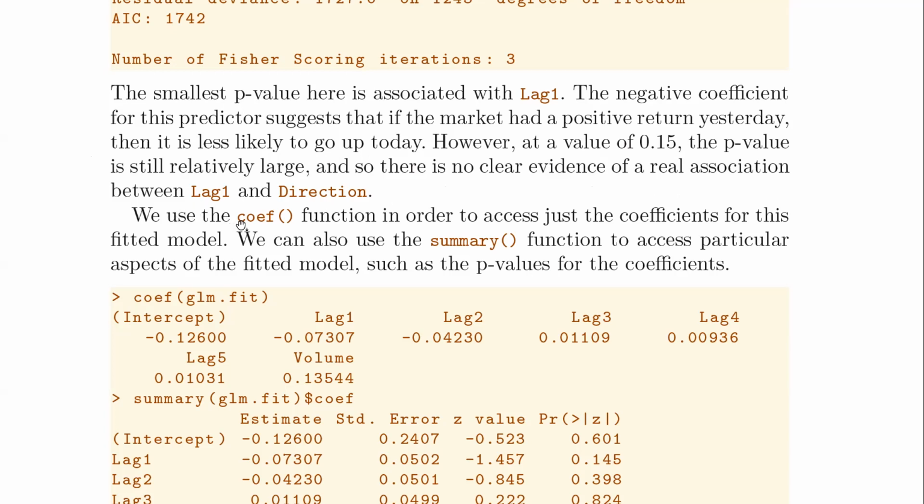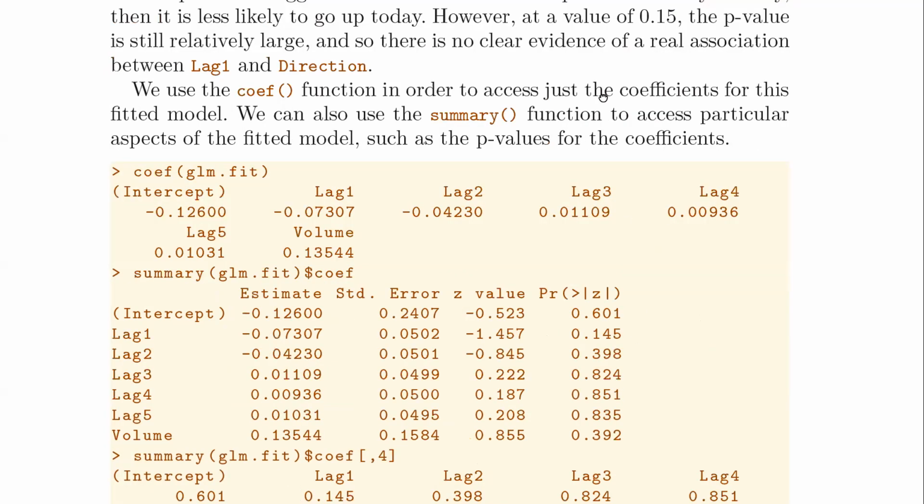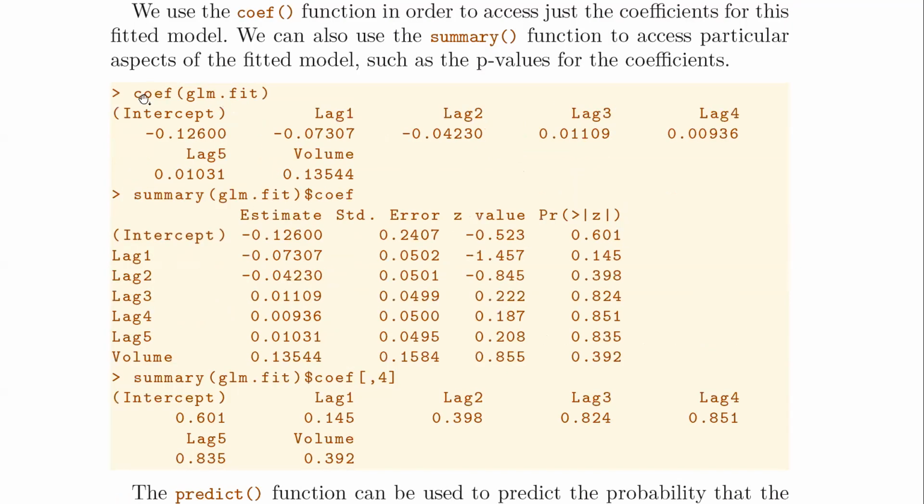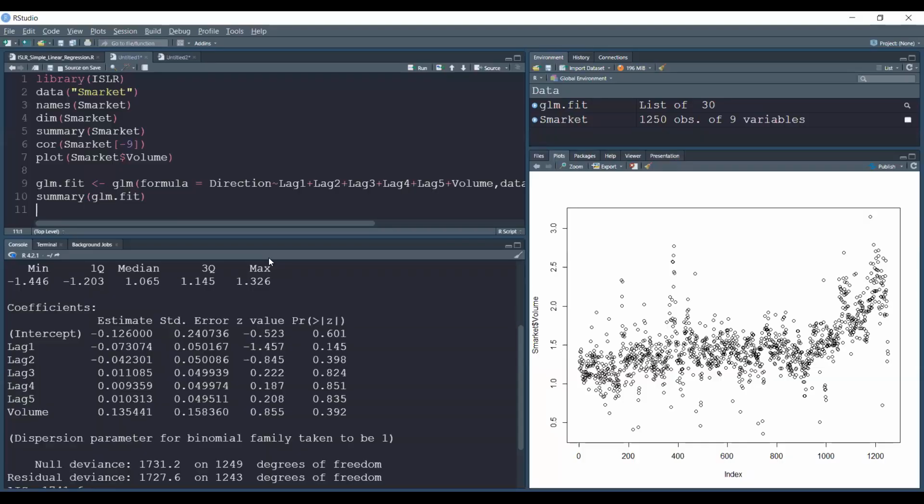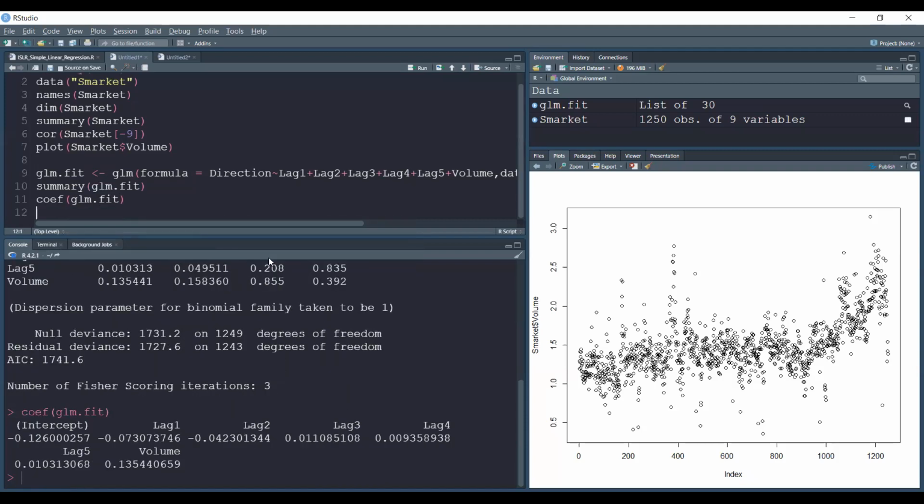We use the coefficient function in order to access just the coefficients, so the parameters, the betas, for this fitted model. We can also use the summary function to access particular aspects of the fitted model, such as the p-values for the coefficients. So if you just want these coefficients, there's the coefficient function, just give it GLM fit, and that's those over there.